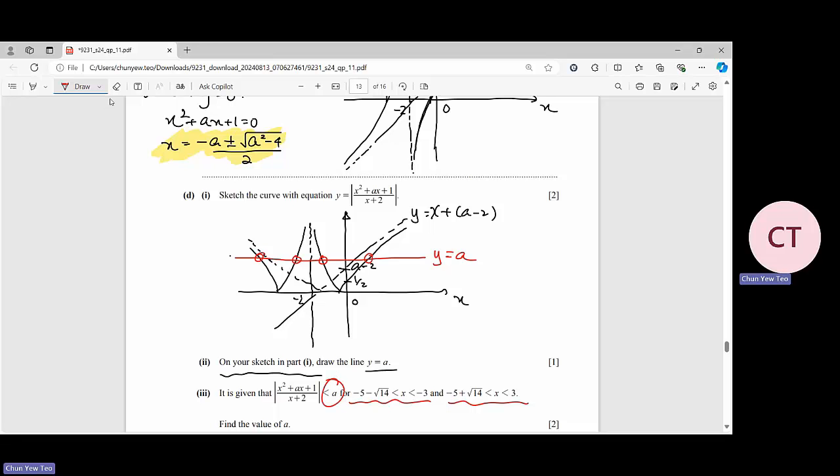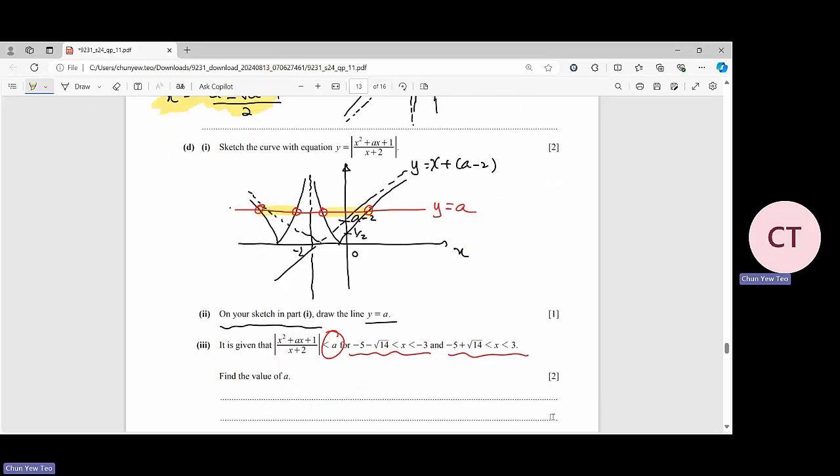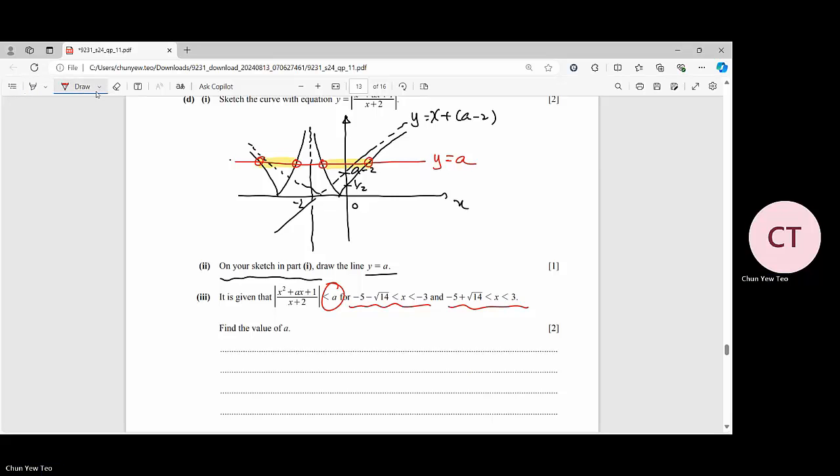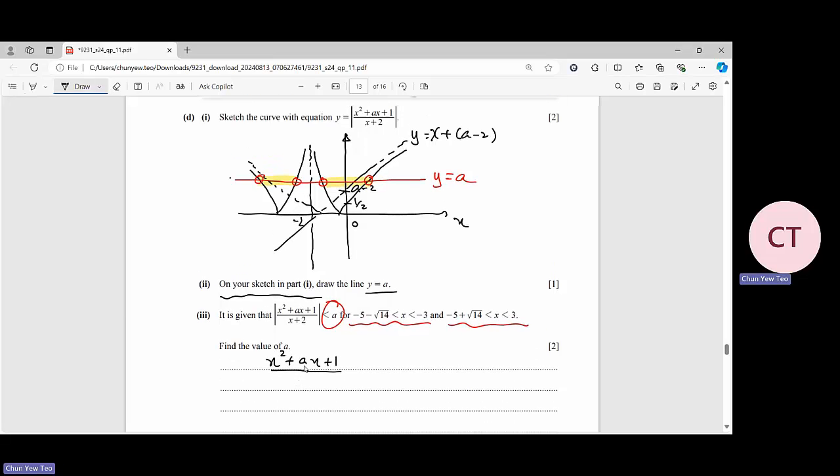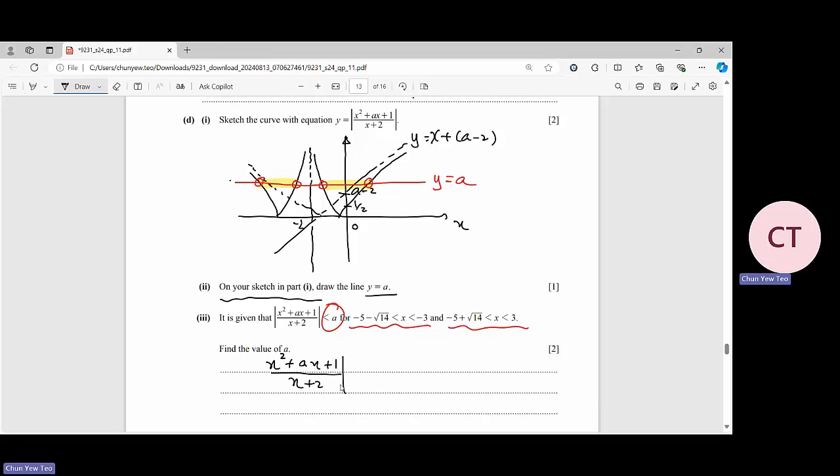They say less than a. Less than a means we are looking for the region less than a, which is this region and this region. We're looking for these two regions. In order to get a, we need to let it equal first. Make the equations equal: the modulus of x squared plus ax plus 1 over x plus 2 equals a.